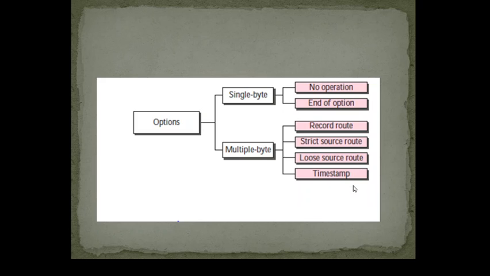Timestamp is where we will provide the route. This is the route, however some information like the timestamp at which it reaches a particular node will have a field and it can be stored. These are the things for which it is used.